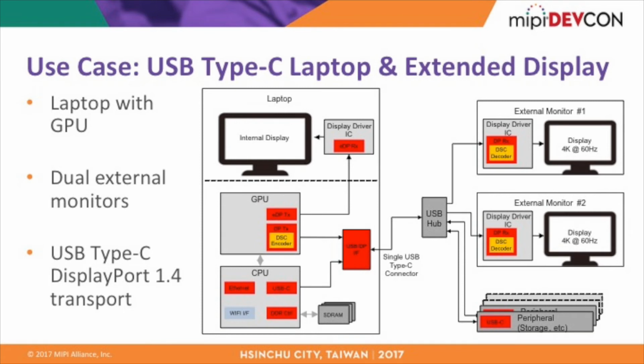So if you add a DSC encoder in your GPU card, and this is your laptop on the left, and you carry your graphic video in a compressed domain, then you make a huge bandwidth saving that allows you to save that bandwidth for other purposes on USB.